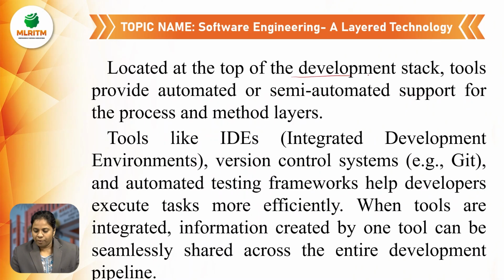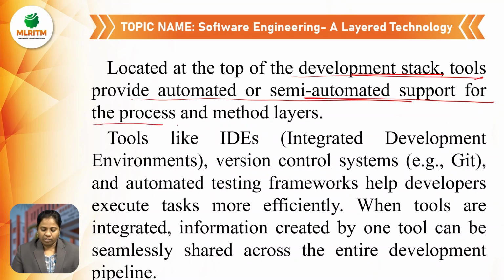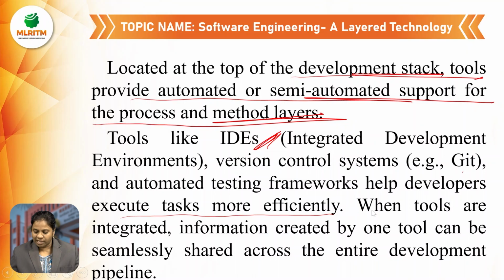Located at the top of the development stack, tools provide automated or semi-automated support for the process and method layers. Here tools are like IDEs, integrated development environments, version controls like Git, and automated testing frameworks that help developers execute tasks more efficiently.